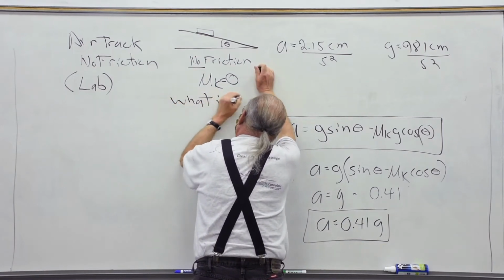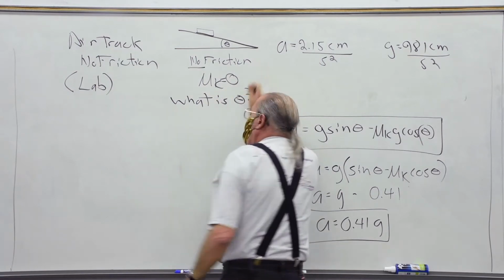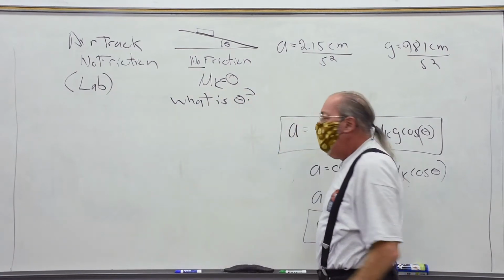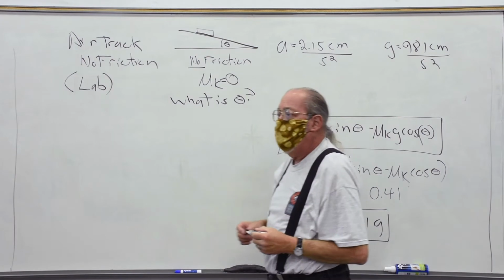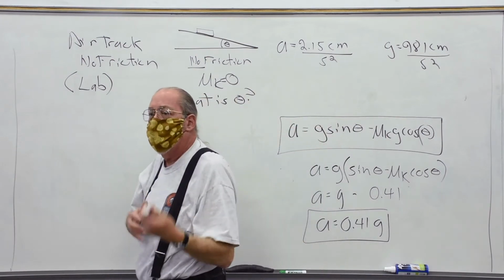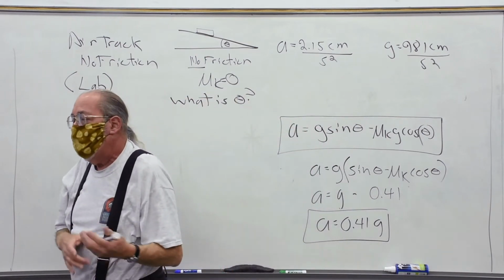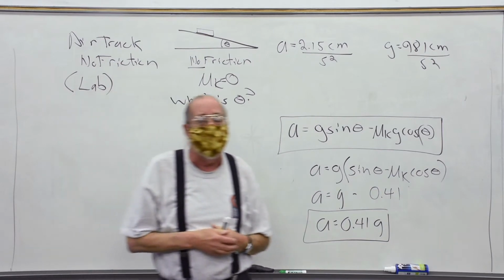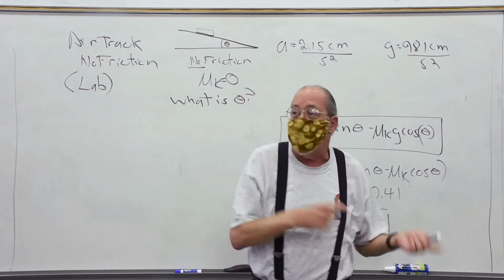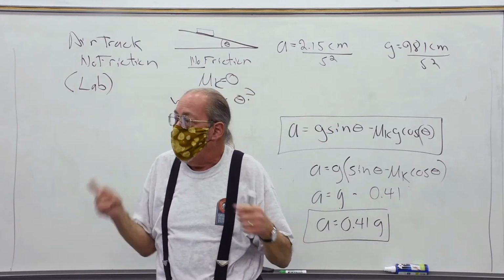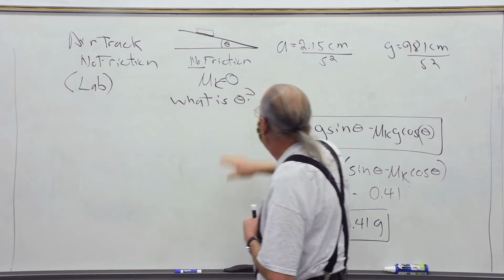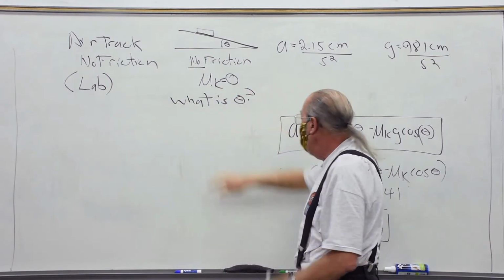You see, when you study, you have to look at these problems and you have to say they could go backwards. We often solve for the acceleration, but instead you could be given the acceleration and have to go backwards. In this case, I say, what is the angle?